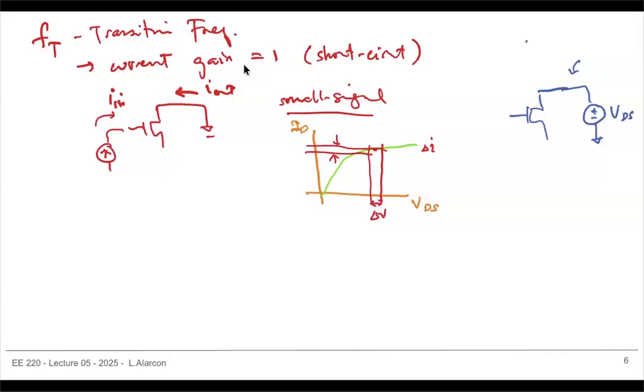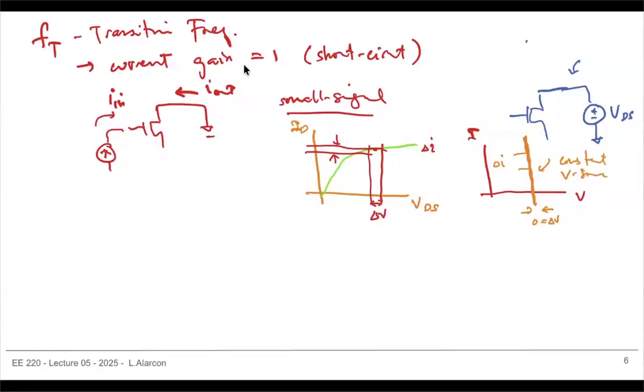And that means a short actually looks like, if I have V versus I, a small signal short sort of looks like this, right? It has delta V equal to 0 for any delta I. So this is the characteristic of a constant voltage source.